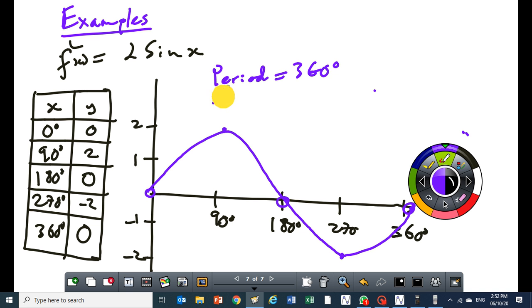The amplitude is going to be the coefficient of sine x.